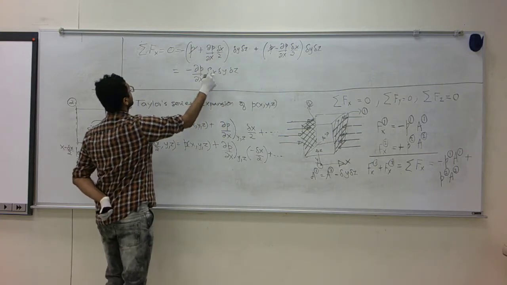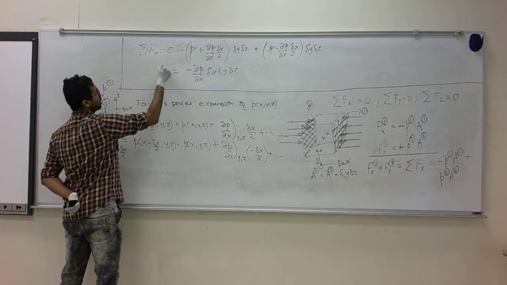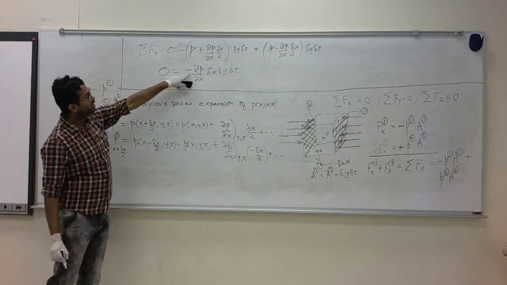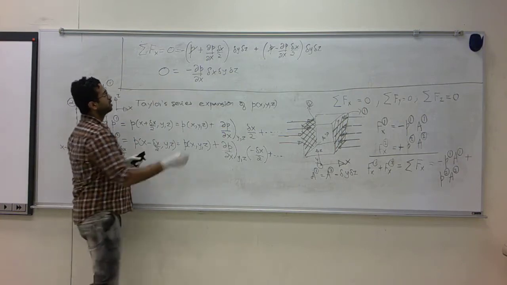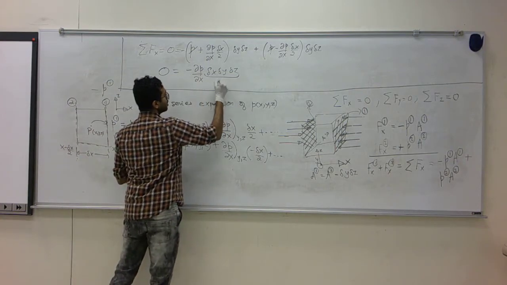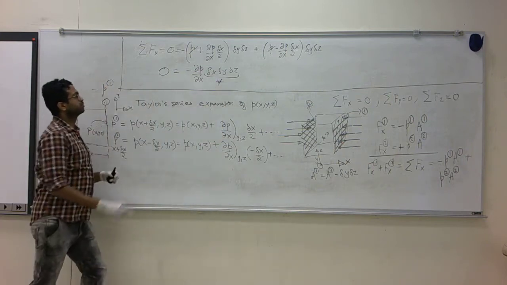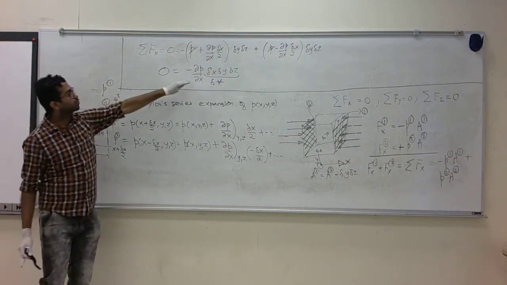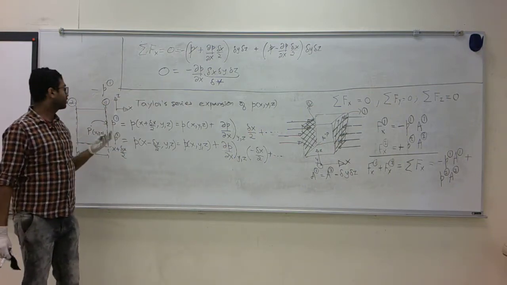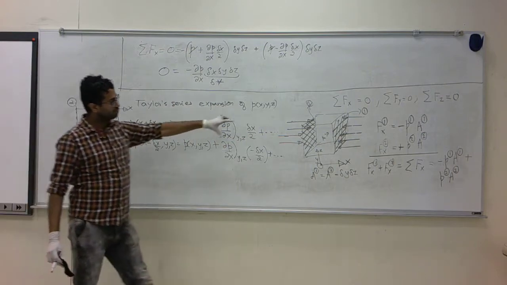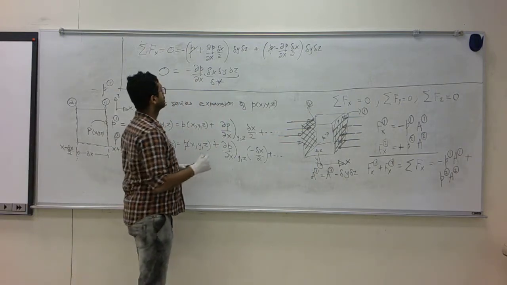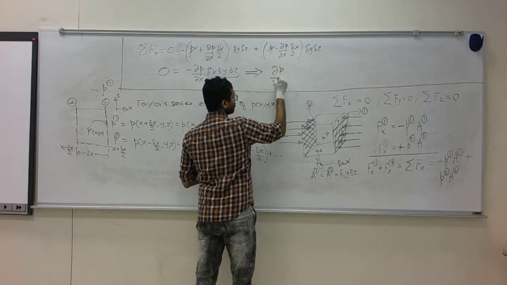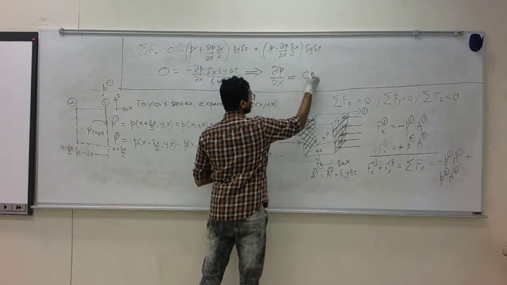So what I have here is 0 equals minus partial P over partial x times the volume of the fluid. The product of these two is 0. Obviously I have chosen a volume of the fluid. Volume cannot be 0. So I can simply conclude that the variation of pressure along the x direction is 0.